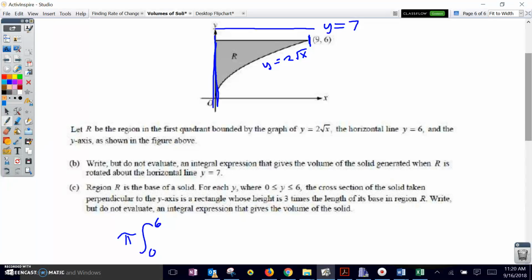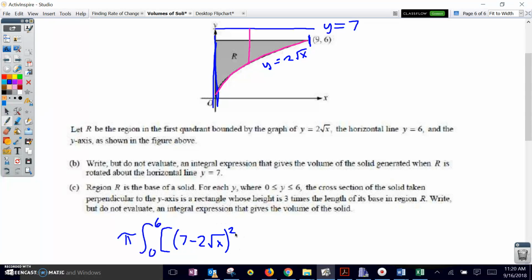And then the first thing we need in our integrand is the outer radius of the solid, which is the distance between the outer boundary of this curve and the axis of rotation. And I'm going to find that distance by taking bigger minus smaller. The line is higher than the curve, so I'm going to take 7 minus 2 square root of x and square it.